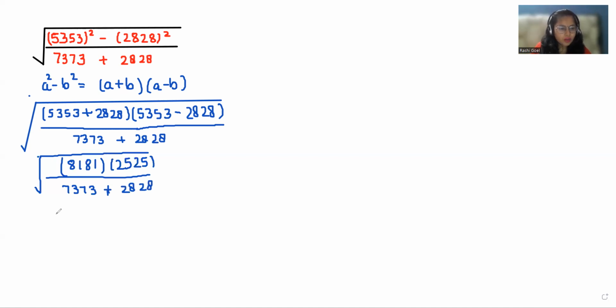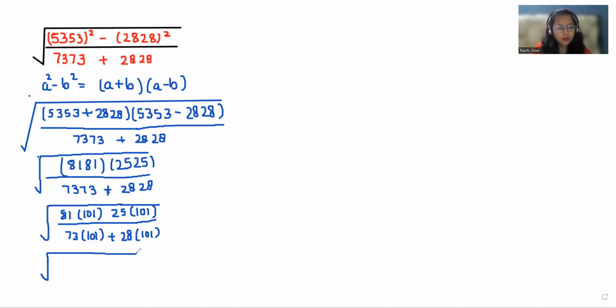Now 8181 we can write as 81 times 101. Similarly 2525 as 25 times 101. Divided by 7373, we can write it as 73 times 101 plus 28 times 101. That's the square root.